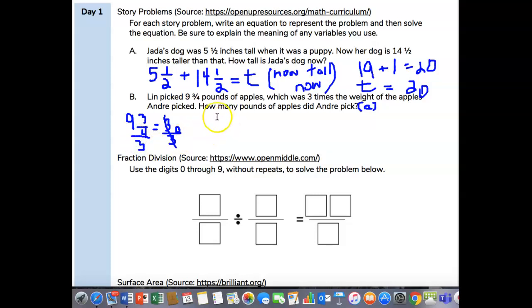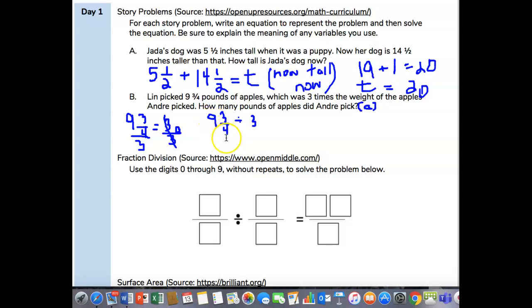So we're going to write it horizontally now. 9 3/4 divided by 3. We have to change this to an improper fraction.